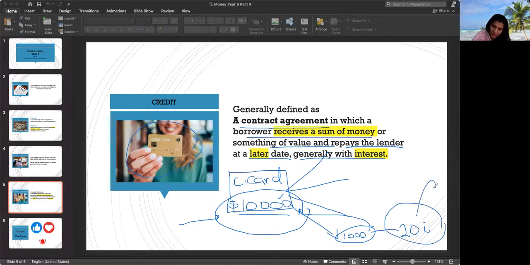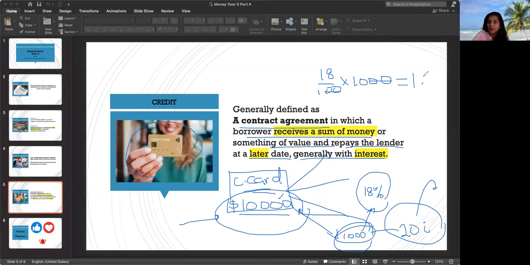But after the 20th day, this 1,000 ringgit that has been charged to your credit card, they will charge you 18% interest on it. So that means now you don't pay back 1,000. You must pay back 1,000 ringgit plus 18% of 1,000, which is 180.